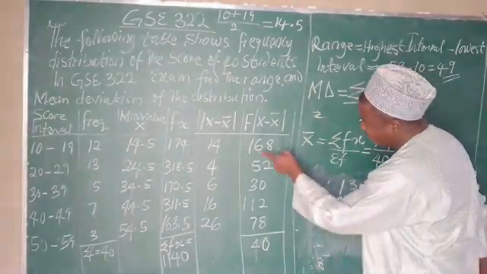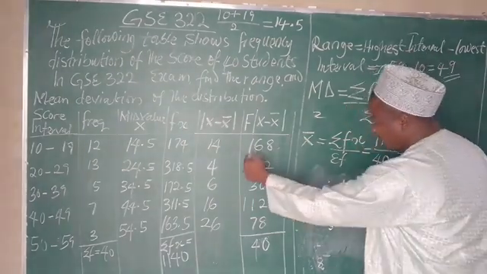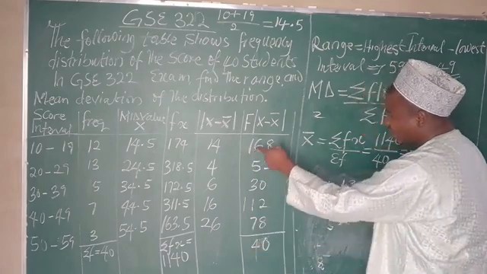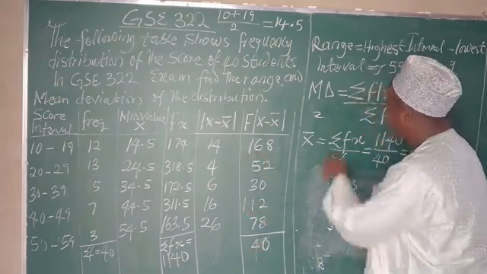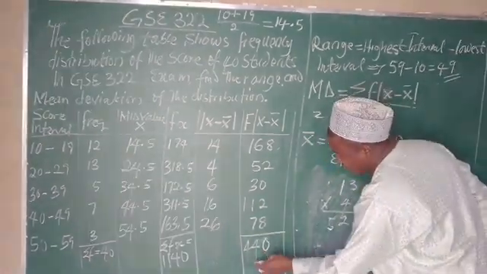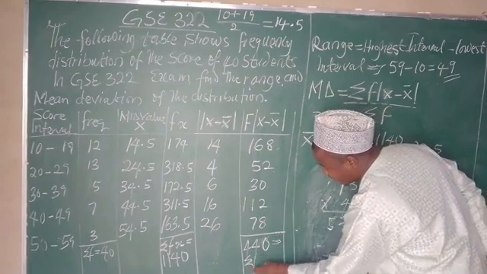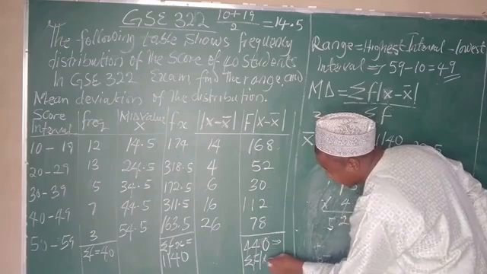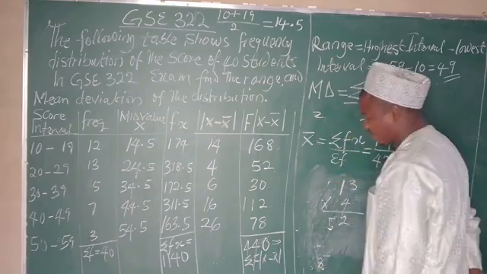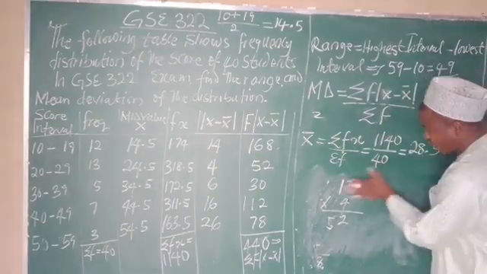Then we have 1 plus 1, which is 2, plus 2 we are carrying is 4. So the summation of f times the absolute value of x minus x bar is 440.